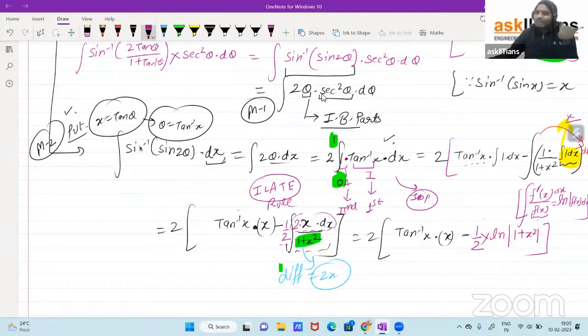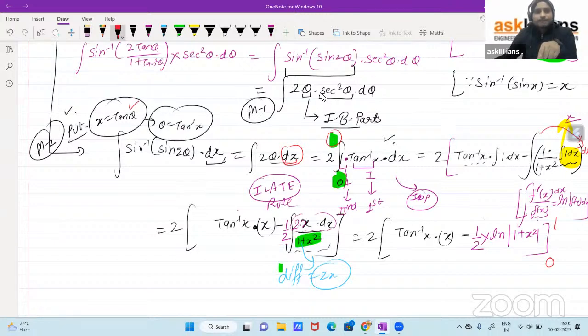Now you can put the limits over here, 0 and 1. No need to change the limit, bachche. Why? Because I haven't changed the variable to theta in the integration. See here, I haven't changed it. Your variable is x only.